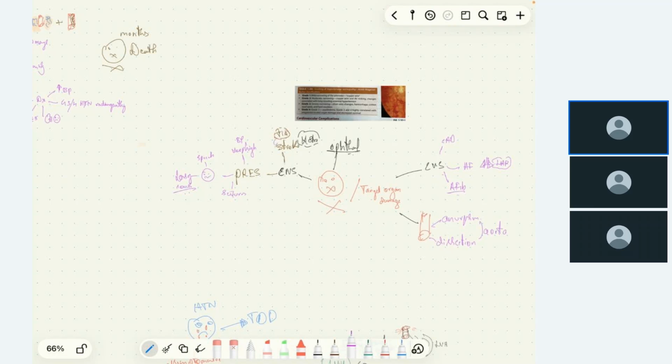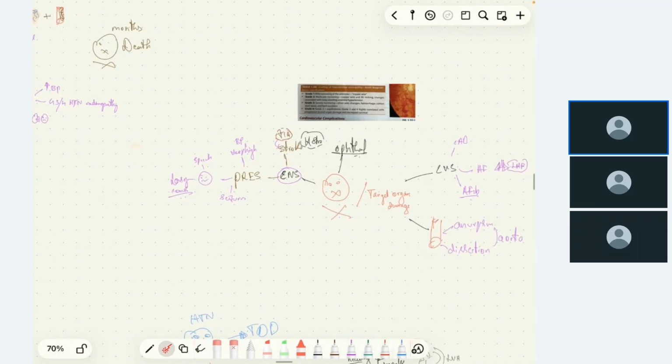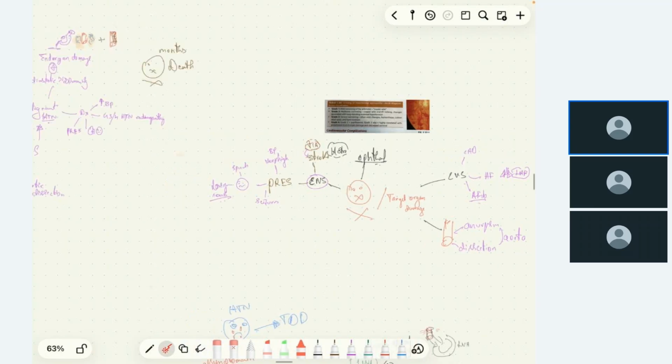We have another CNS complication of hypertension, that is posterior reversible encephalopathy syndrome. What is this posterior reversible encephalopathy syndrome? When the blood pressure is markedly increased acutely, it may lead on to diffuse cerebral edema, which causes impairment in speech of the patient, impaired consciousness of the patient, and also the patient will have seizures.